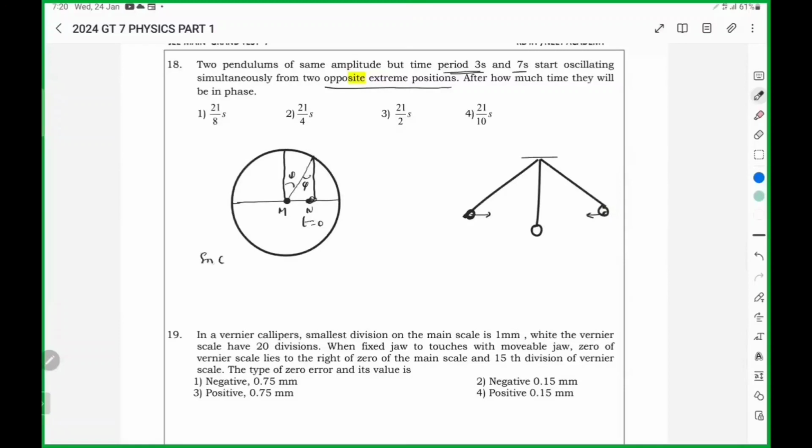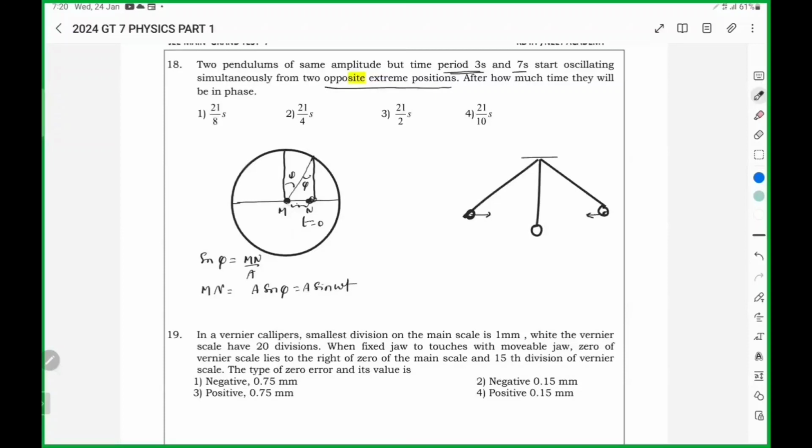So sine phi is equal to MN by amplitude. So that MN here is A sine phi.